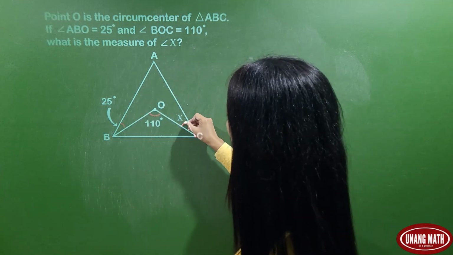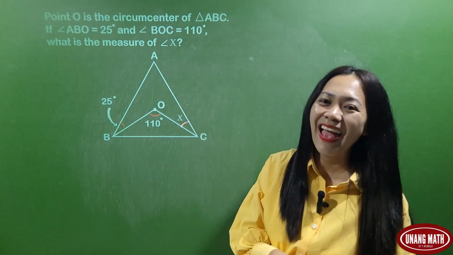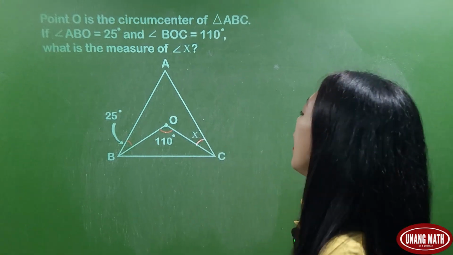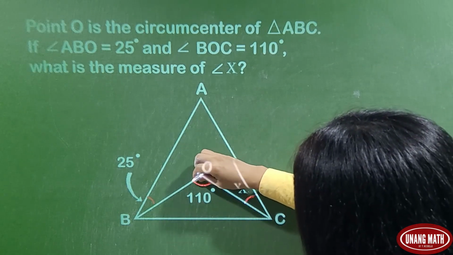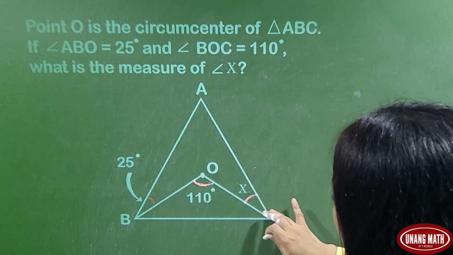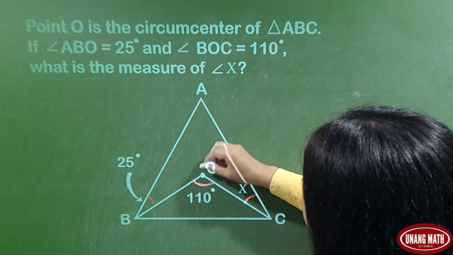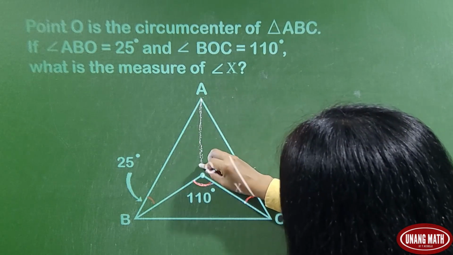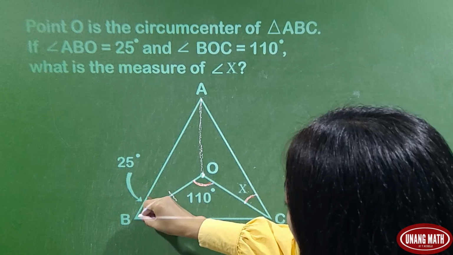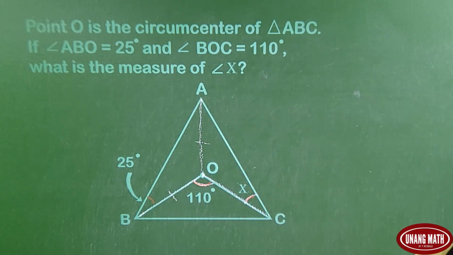So we are looking for the measure of this angle. Now, this angle BOC is 110 degrees. If we draw a line from this circumcenter to this vertex, this is also equal to this length, equal to this length.